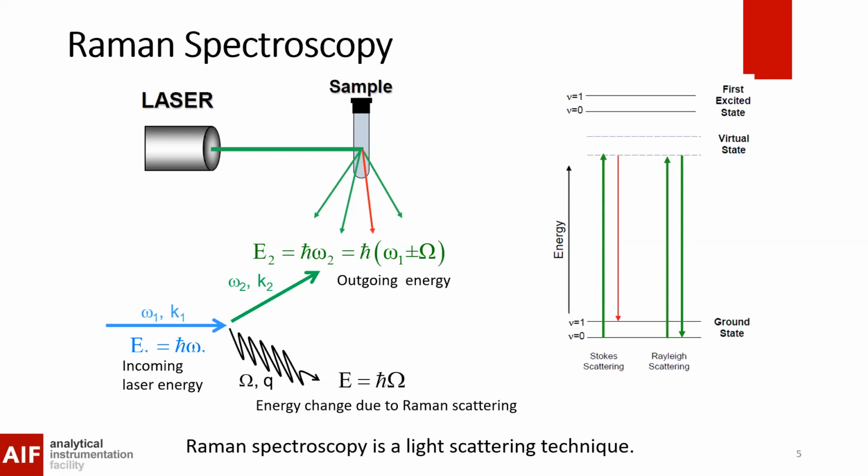If the incoming radiation and solid do exchange energy, that is called inelastic scattering. Raman scattering is inelastic scattering by optical phonons, which means it exchanges energy. And Raman scattering is much weaker than elastic scattering, by about 10 to the -5 to 10 to the -8.